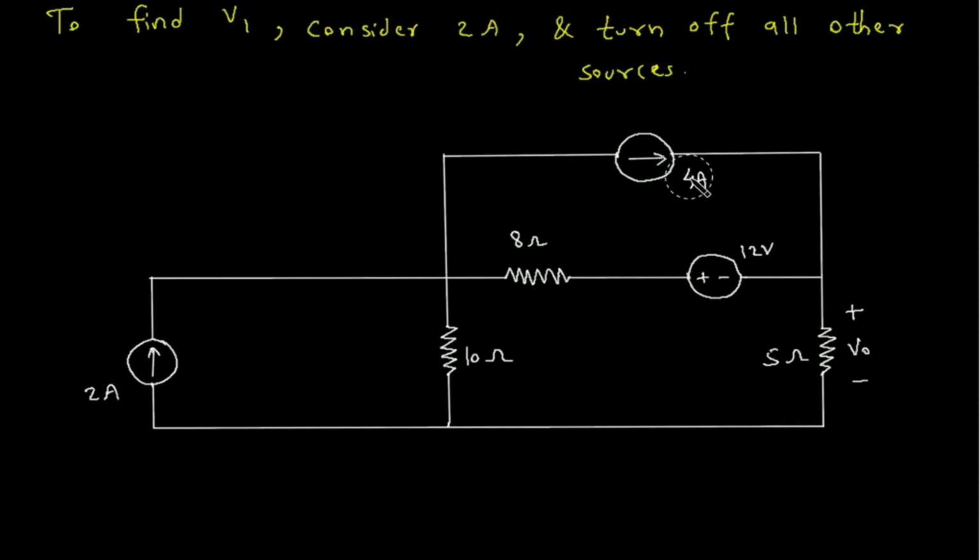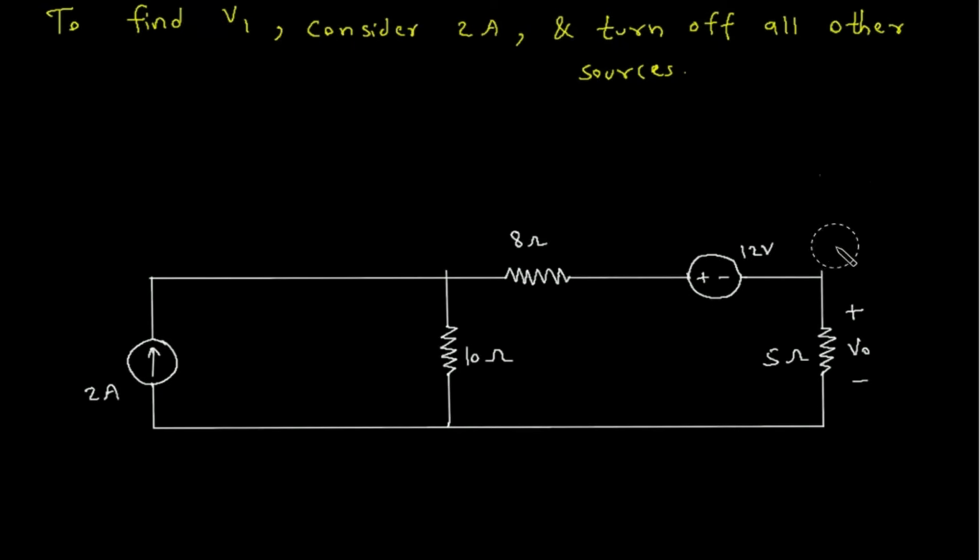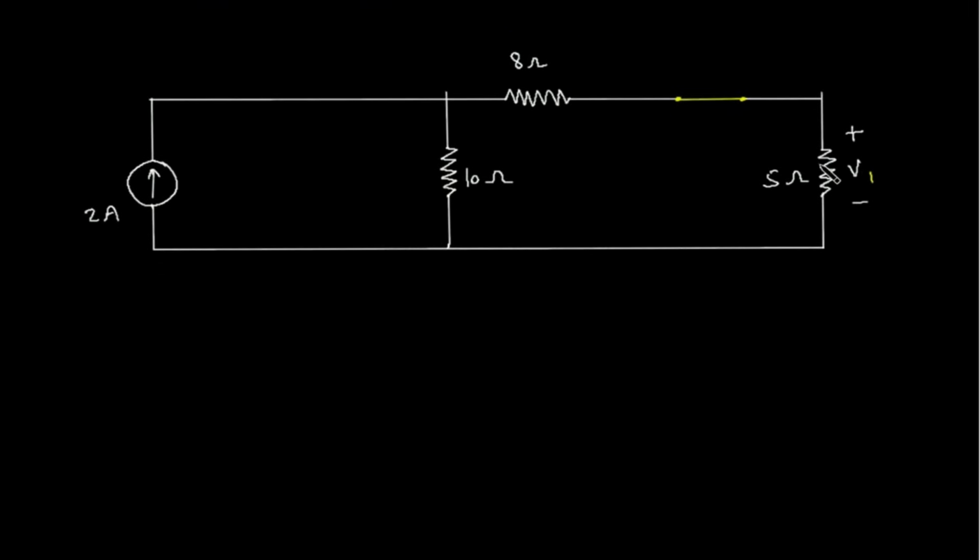Since this is a current source, so this will be turned off and open circuited. This 12 volt is the voltage source, so this will be turned off and short circuited. This will be V1 because we are finding V1.